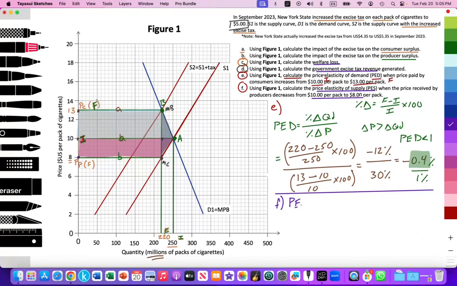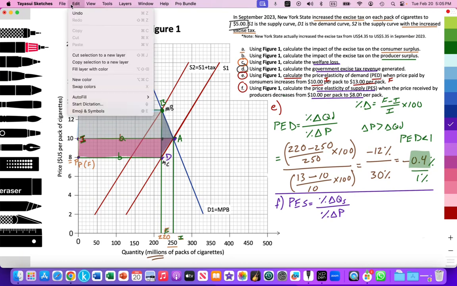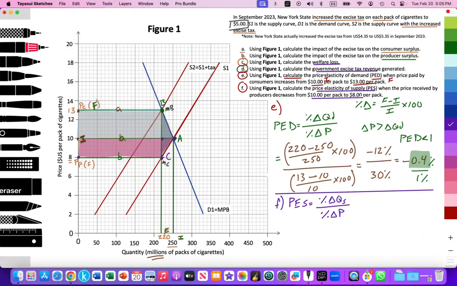PES, price elasticity of supply, equals the percent change in the quantity supplied divided by the percent change in price. So pause the video and try calculating that as we go from point A to point C. Pause the video now.